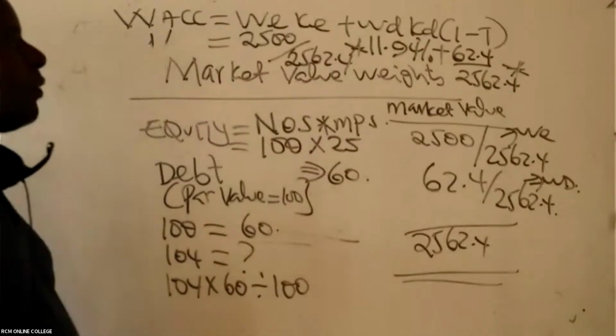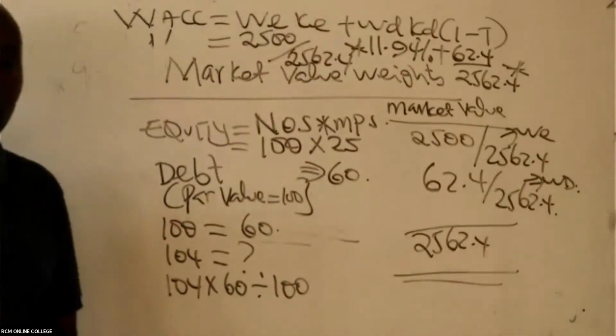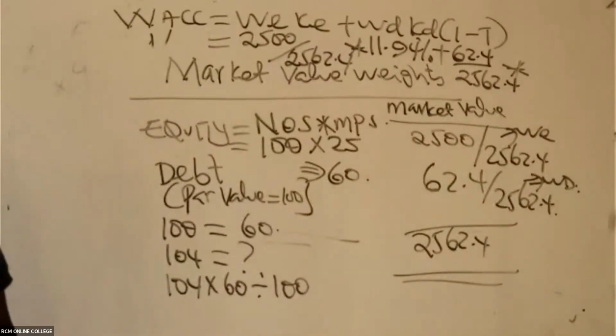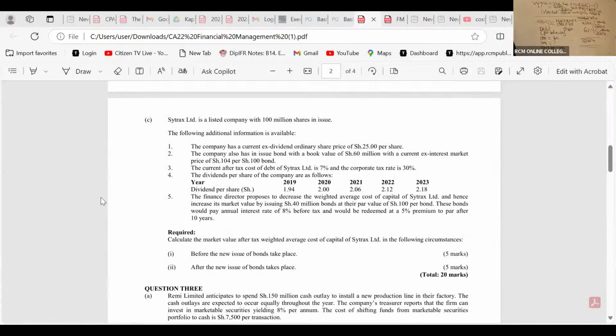Have they given me KD? Have they given me the cost of debt, the rate of interest, in this question? You can see the current after tax cost of debt is 7%.